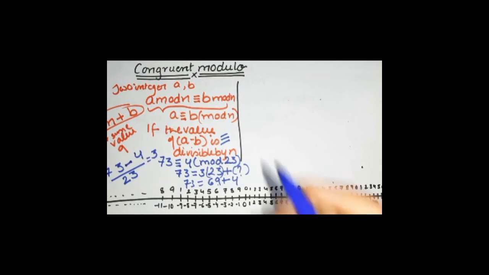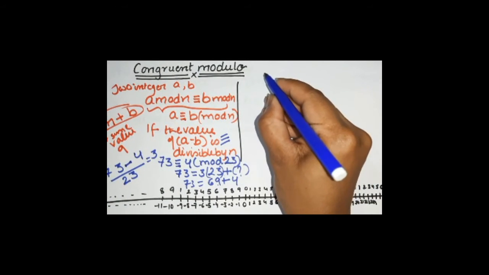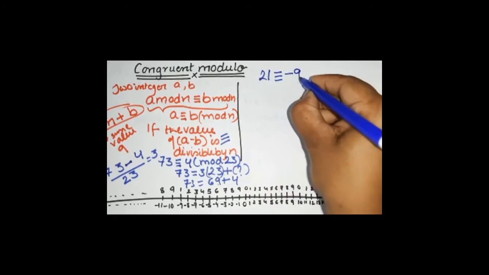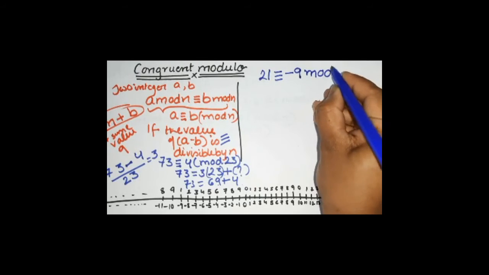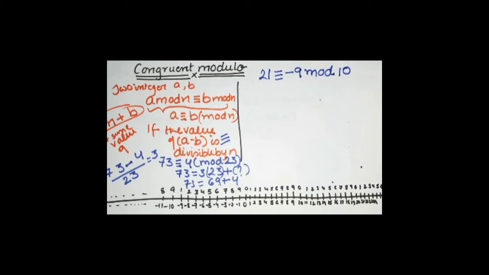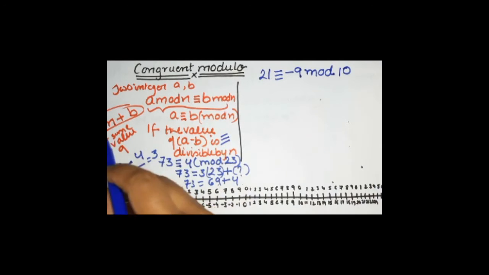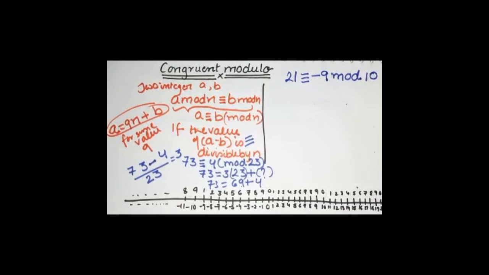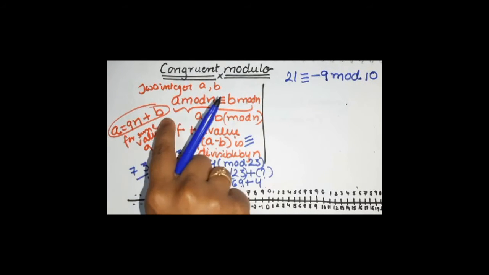Let me take another example. Another example is 21 congruent to minus 9 mod 10. Okay, so this is the example, right? How will I write it again? Again, I will take the form of a equals q n plus b.